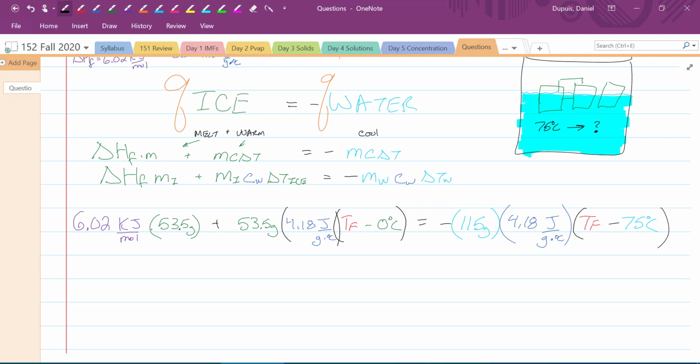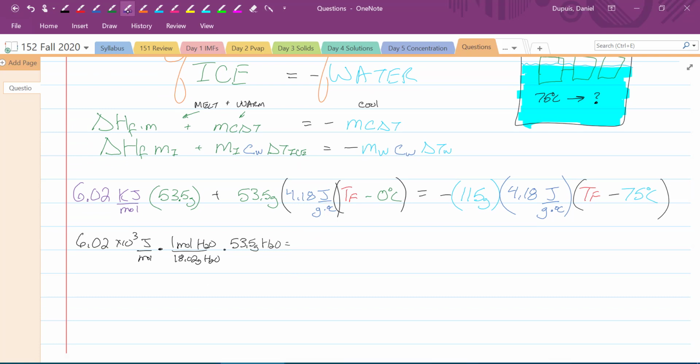Now, I'm going to do a little side note here. 6.02 times 10 to the third joules per mole, times, we know 1 mole of H2O is 18.02 grams of H2O, and we're multiplying by 53.5 grams of H2O. So I just use the molar mass of water: 6.02 times 10 to the third times 53.5 divided by 18.02, and I get 17,873 basically.